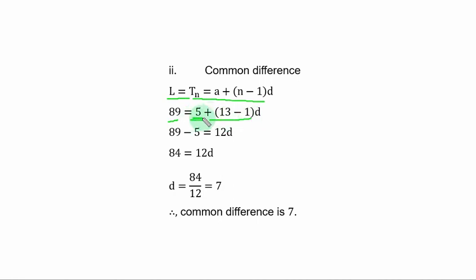Transfer 5 to the left hand side, you have this result equal to 13 minus 1, which is 12d. If you subtract, you have this result. To get d, divide both sides by 12 and d is equal to 84 over 12, and that is 7. Therefore, the common difference is 7.